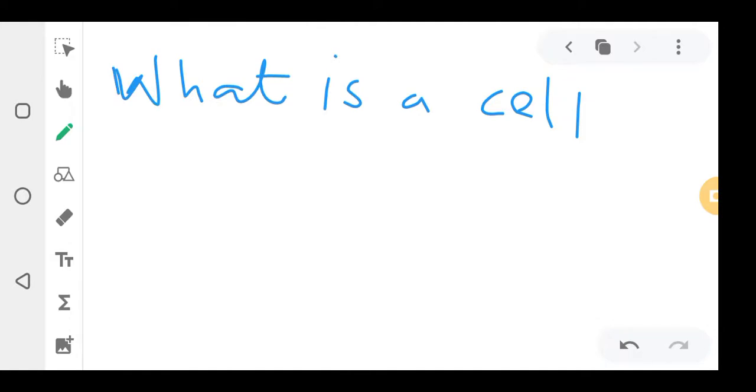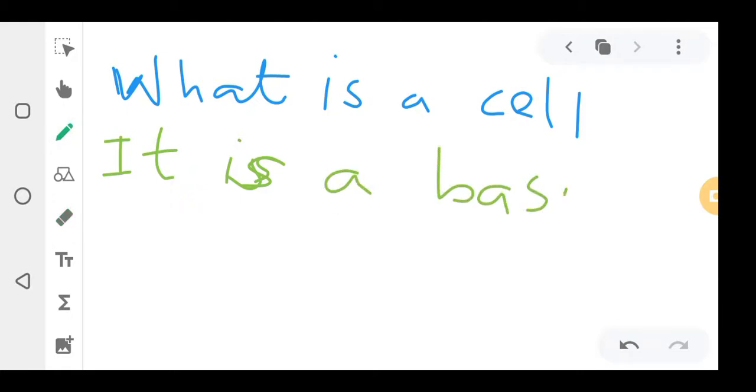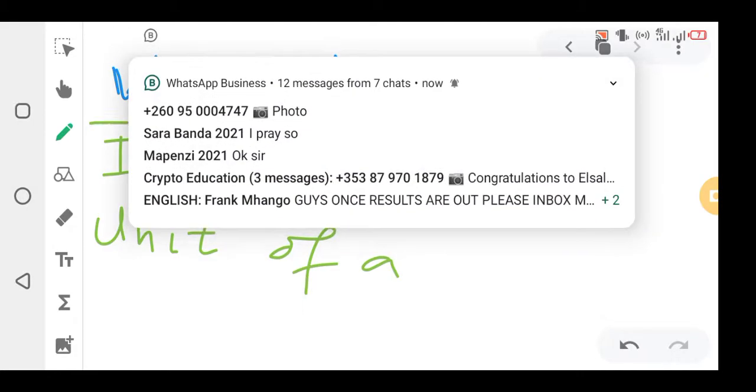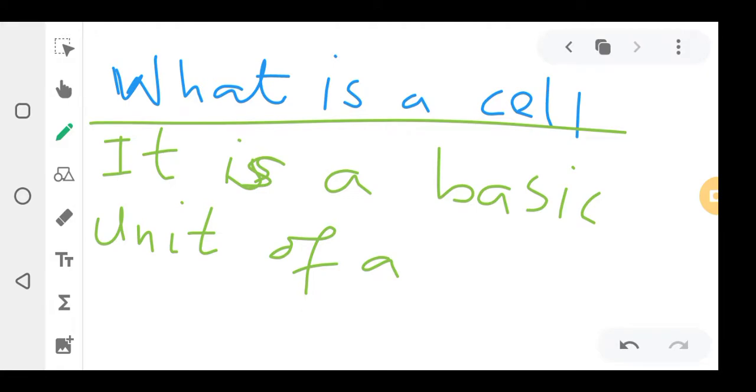A cell is a basic unit of a living organism.